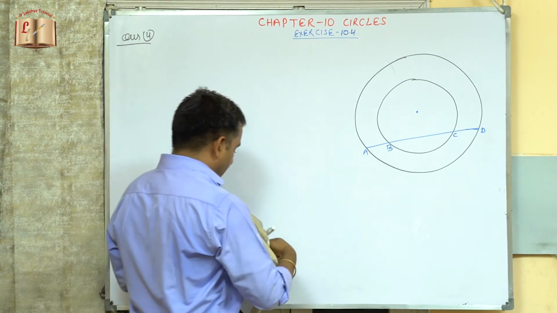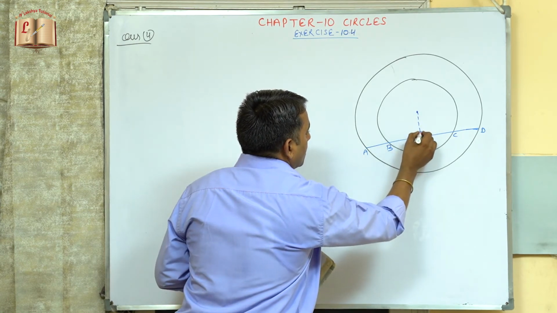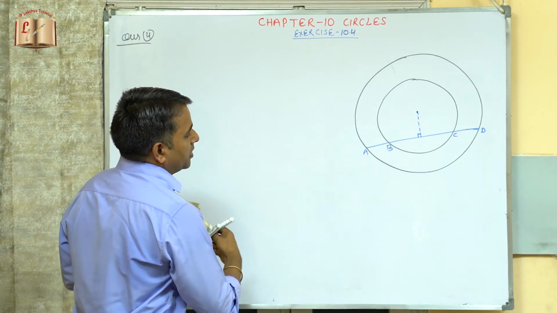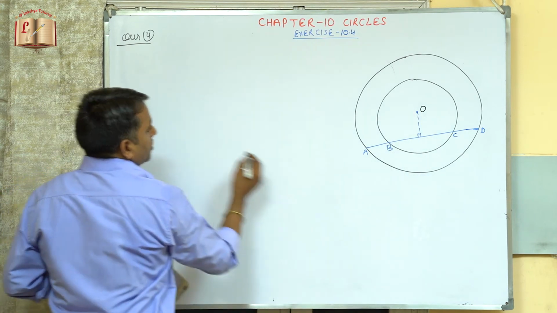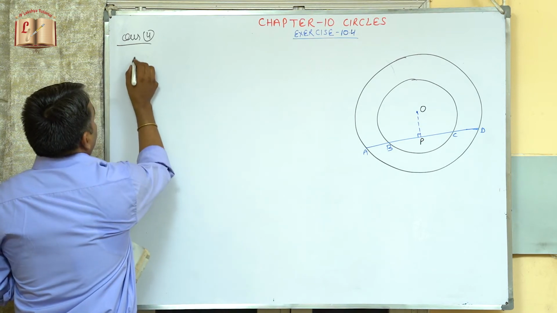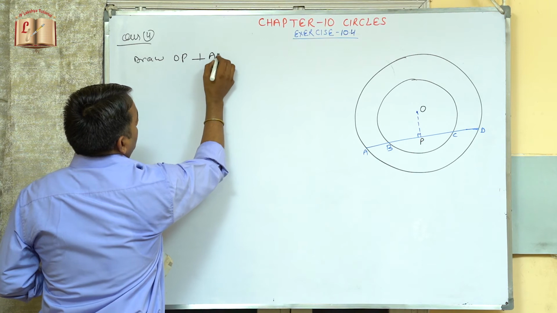First of all we will draw a perpendicular. This will be the perpendicular bisector because it is from the center. We can take this point as P. So draw OP perpendicular to AD.